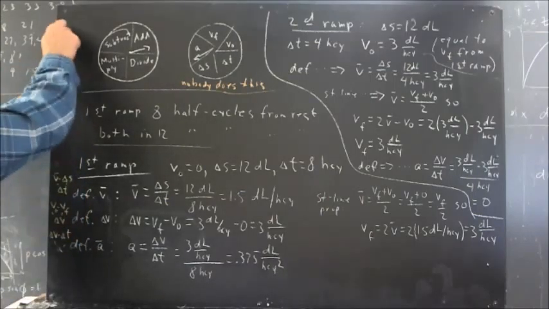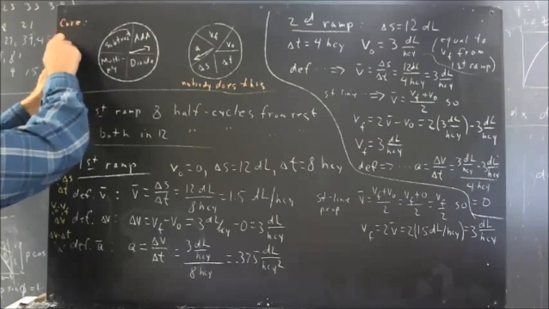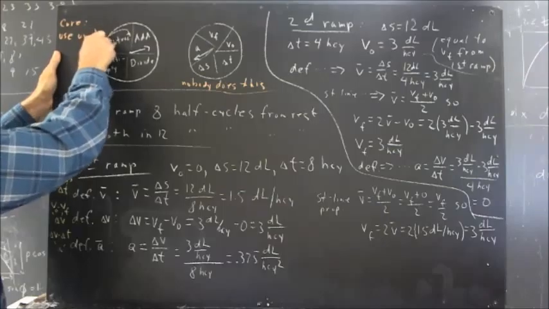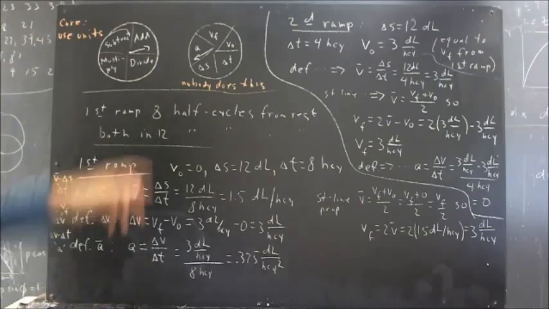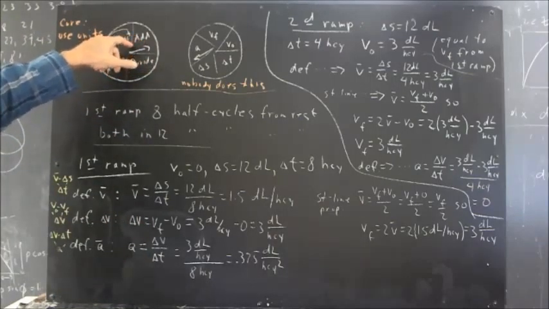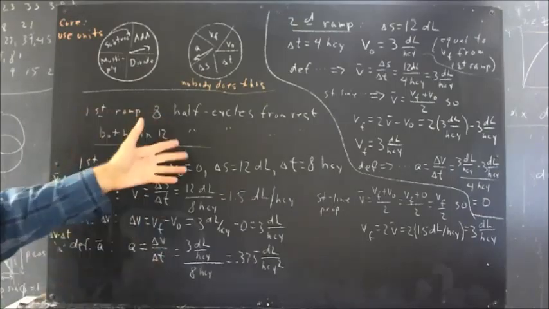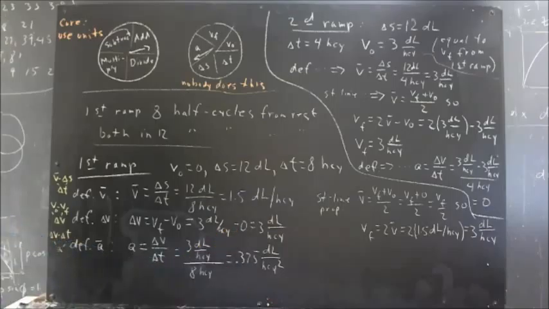the cure, if a cure is necessary, use units, because, for example, if you decide to add a quantity that's in units of meters to a quantity that's in units of seconds, that makes no sense.